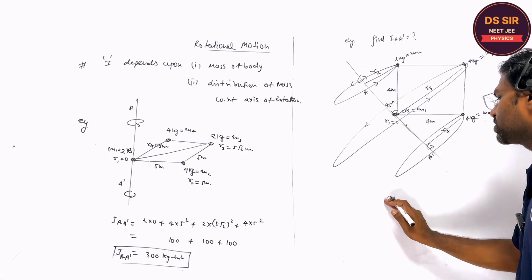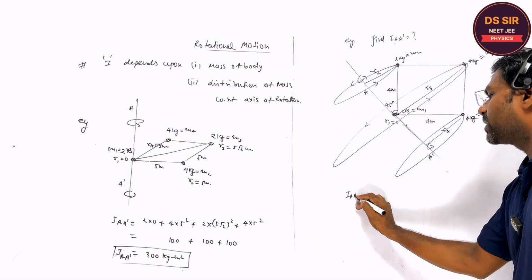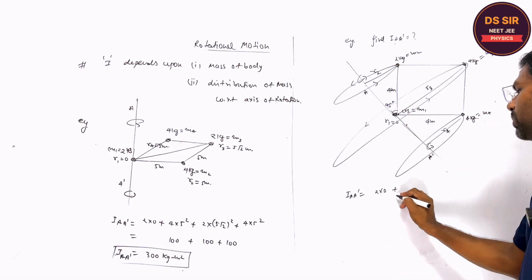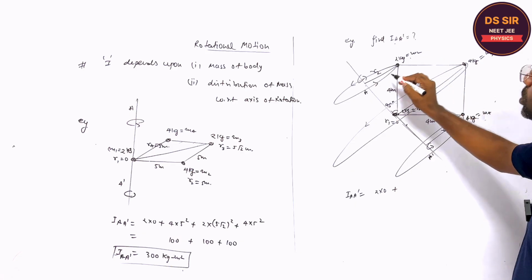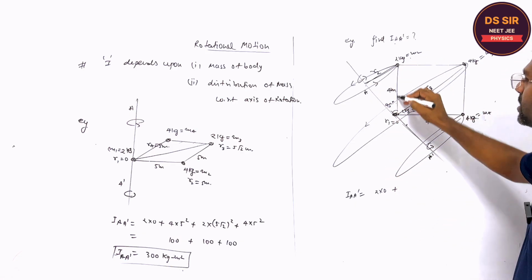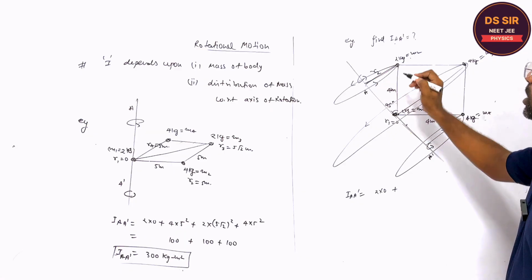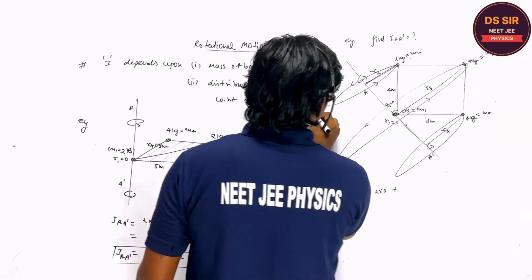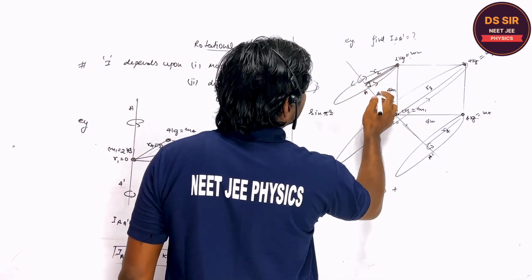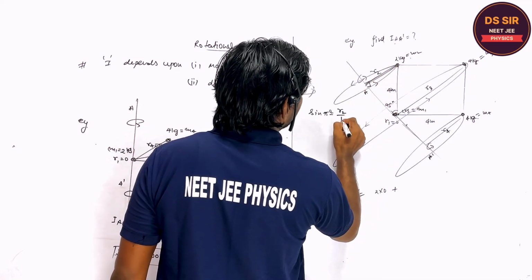The moment of inertia about AA dash is equal to M1 into 0 plus. What is the M2? So this distance we have to find. If this is 45 degree and this is the 4 meter, so what is R2? Sine 45 is equal to what? Perpendicular upon hypotenuse upon 4.